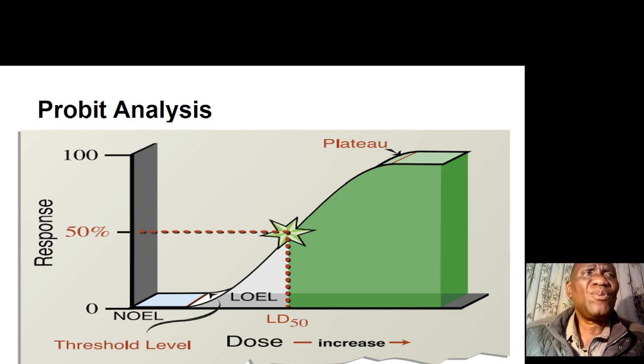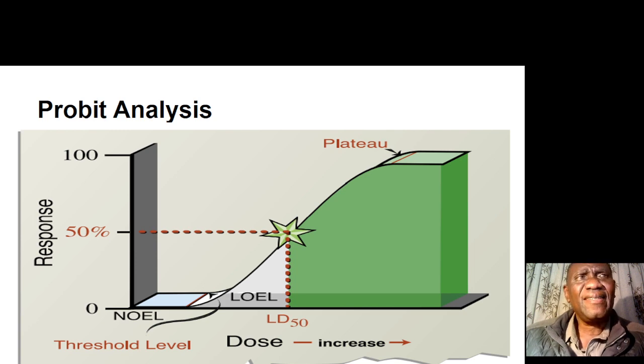Now, if you were conducting an experiment where you are varying the dosages, increasing them from 0 to a certain milligram per kg body weight, and on the response you have the percentage of death of the animals, you get that kind of a graph.